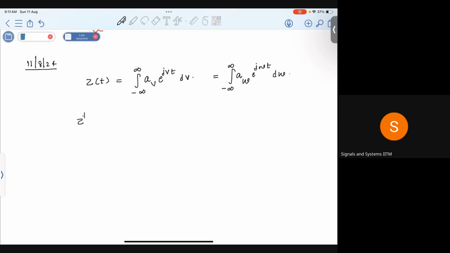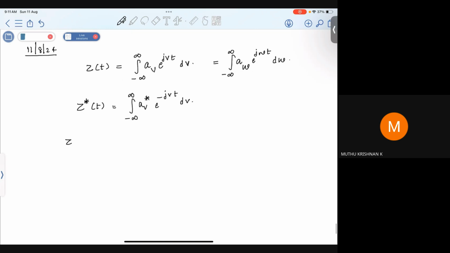So could someone tell me what is z star of t, the complex conjugate version of the signal? It is the integration from minus infinity to infinity of A(v) star e^(-jvt) dv, correct?